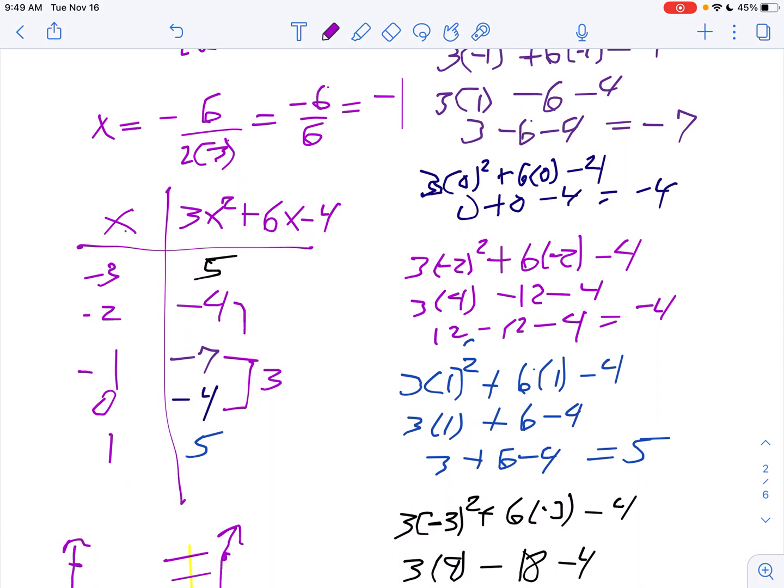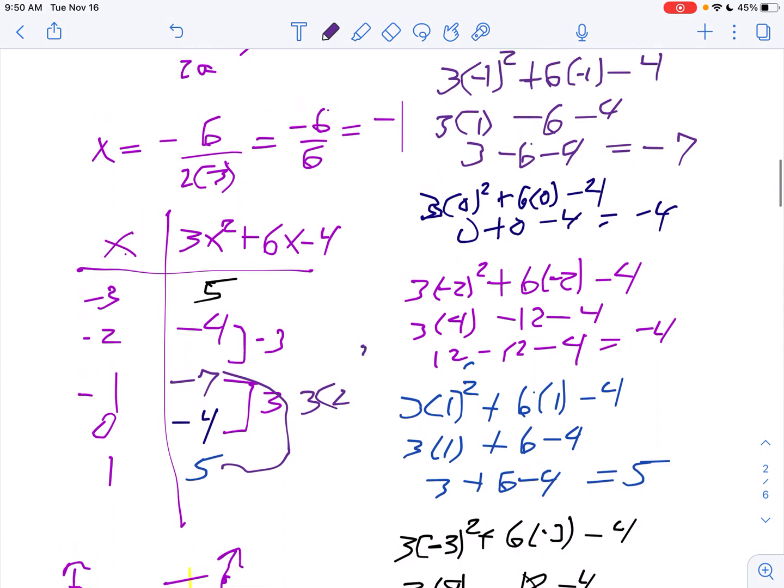Then if I go 2 to the right, I'm going to do 3 times 2 squared, that is 3 times 4, which is 12. So -7 plus 12 is 5. So you don't have to make the table all the time. You can look for the pattern there also.